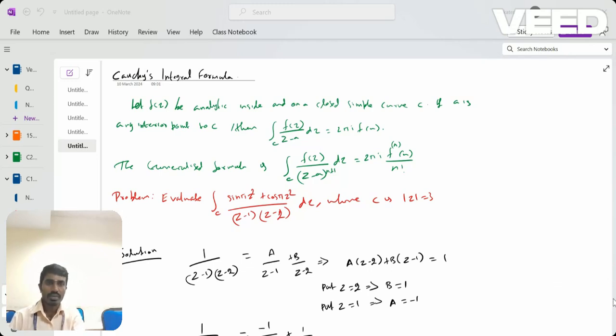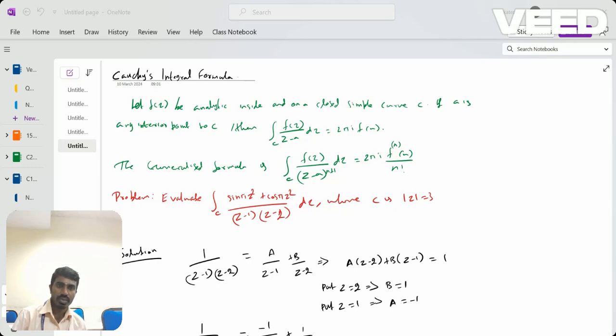Now the given integral value will become minus, using the integral over C of f(z) dz by (z minus a) equal to 2 pi i into f(a), so here minus 2 pi i f(1) plus 2 pi i f(2). You already know the f(1) value and f(2) value, substitute here.